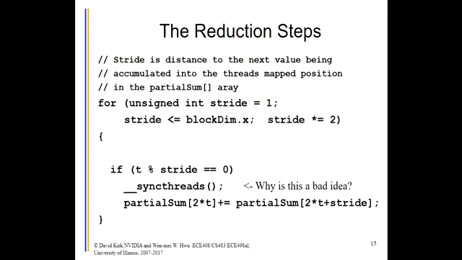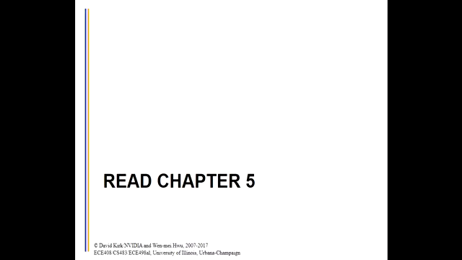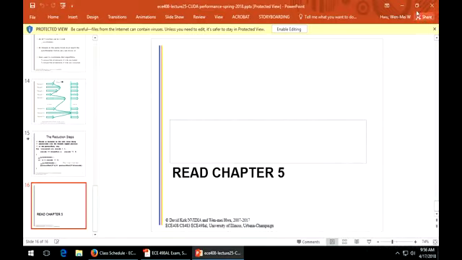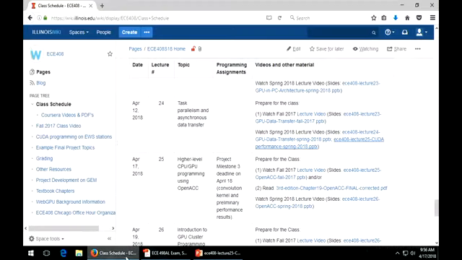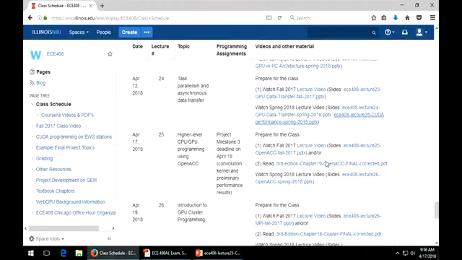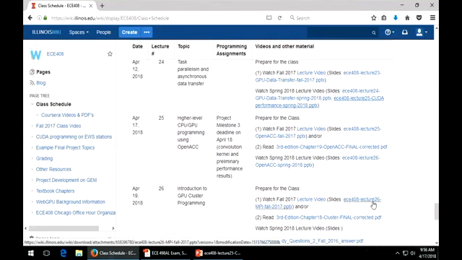That's why it's a bad idea to have sync threads in an if statement where some of the threads in a thread block will execute and some of the threads will not. Okay? So this concludes some of these performance considerations and subtleties in terms of using these important API functions.